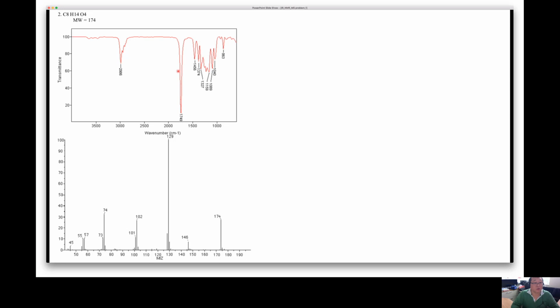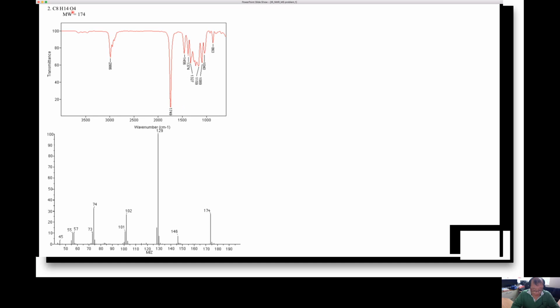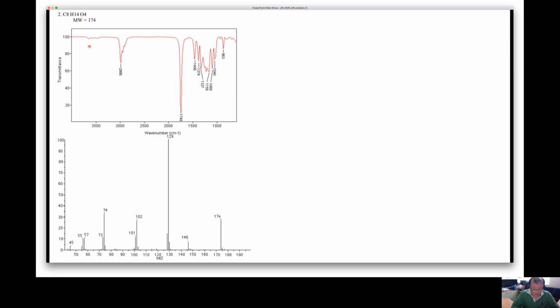For the second question, what we see here is a C8H14O4. Compared to what we did in the previous one, this is a pretty large one. Let's do the degree of unsaturation again, which is the number of carbons, 8, minus half of the hydrogens, and oxygen doesn't count, so that will be 2.